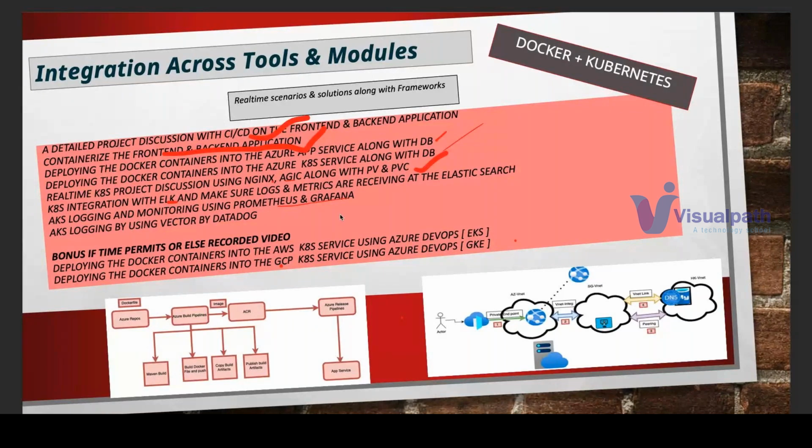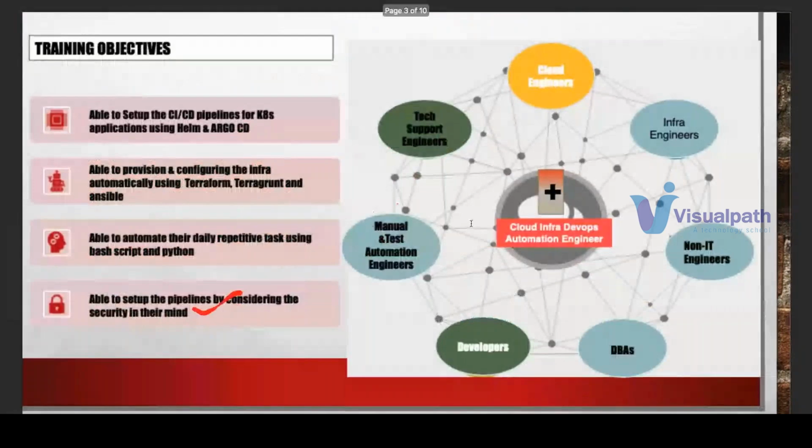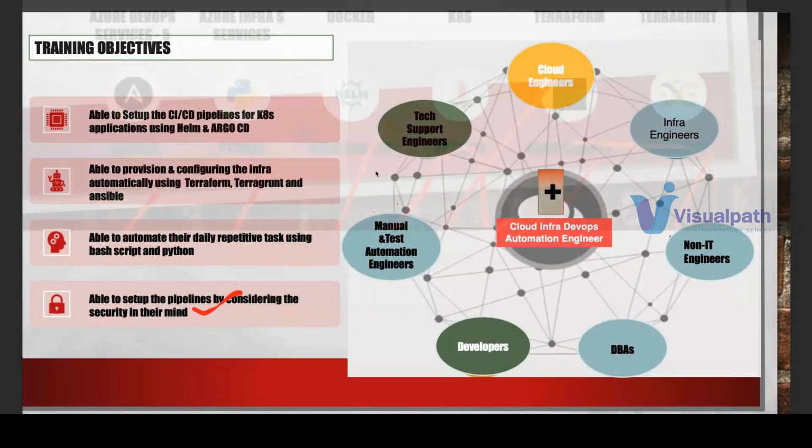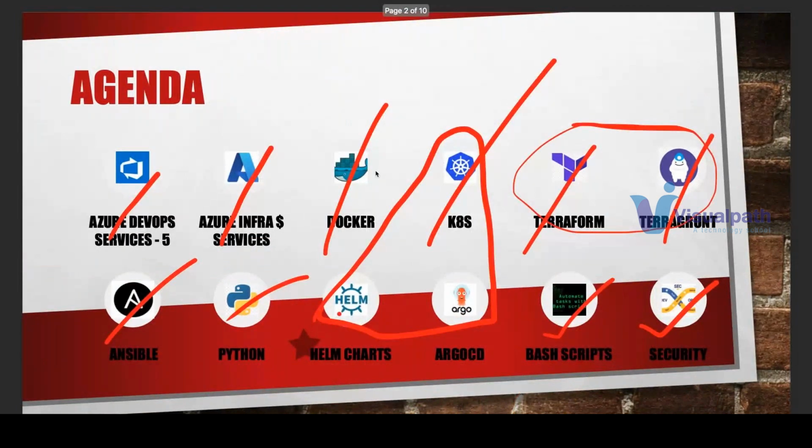I'm telling you upfront. That is why this program is defined to cover Azure admin, Azure DevOps, and Kubernetes certifications. Technology-wise, I already placed the tools in front of you, and those tools will definitely be covered in this program with real-time examples. That's a promise. Mallikarjun, is your question answered?